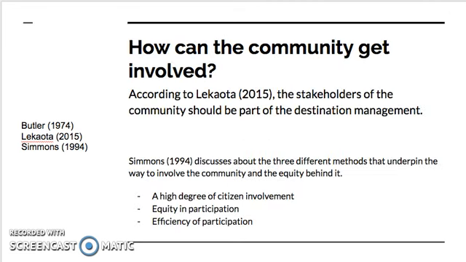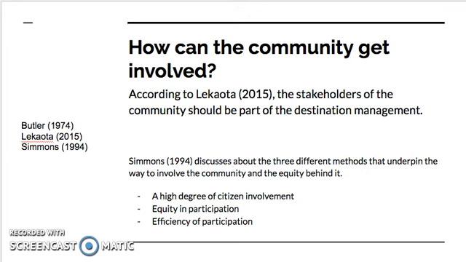That moves us on to how we can get the community involved. Going back to Simmons, in 1994, he discussed three different methods that underpin the way to involve the community as well as equity. The three are a high degree of citizen involvement, equity and participation, and efficiency of participation.